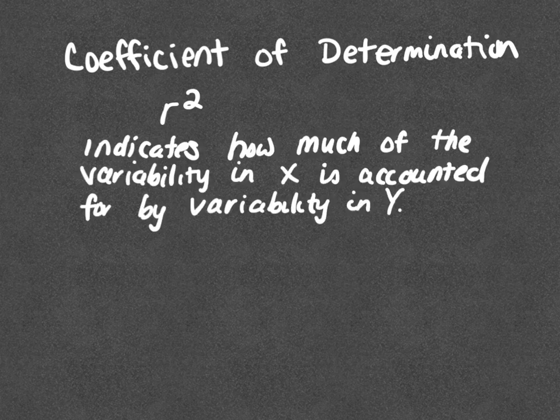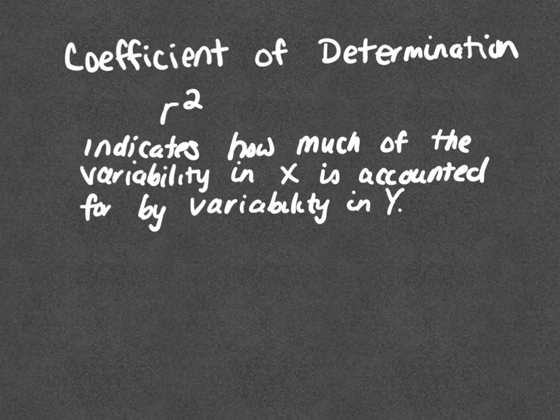The coefficient of determination indicates how much of the variability or variation in x is accounted for by variability or variance in y. This is basically a fancy way of saying, as a percentage, how connected are x and y. The stronger the correlation, the more connection there is. And the weaker the correlation, the less connection there is.